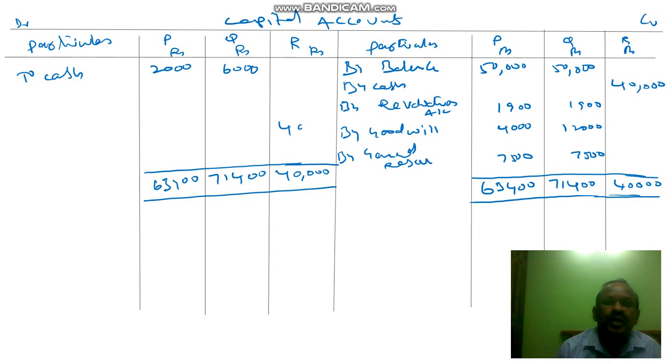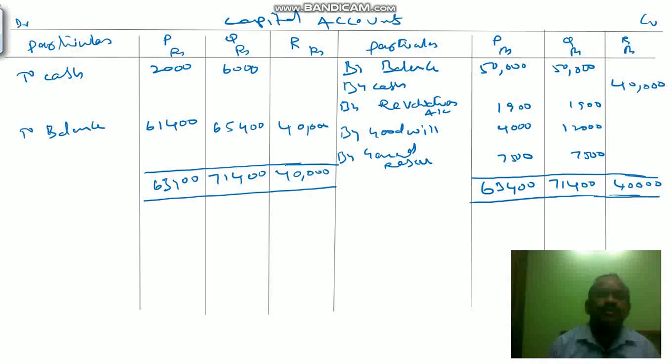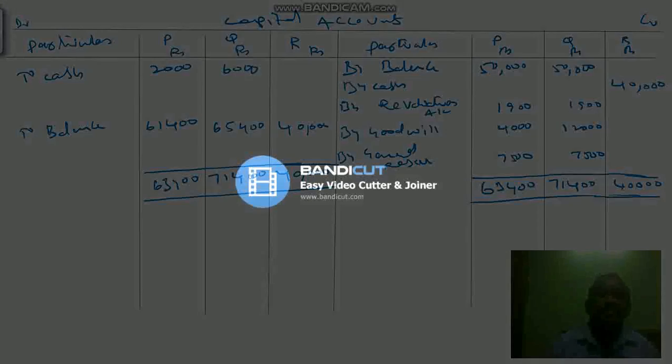So here the balance is 40,000. Next is 65,400, 61,400. It is the balance of all the partners. This is the cash account.